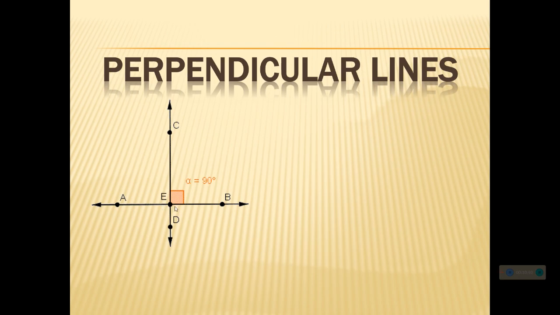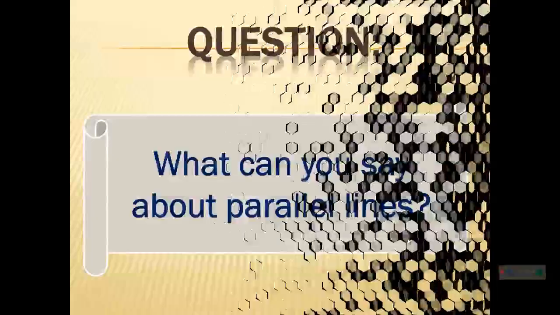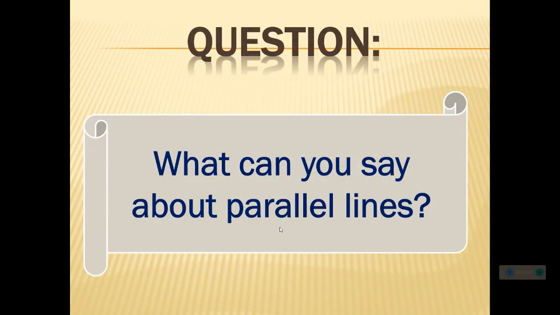So 1, 2, 3, and 4. Another example of perpendicular lines: we have here line N is perpendicular to line M, so we may say that M is perpendicular to N.